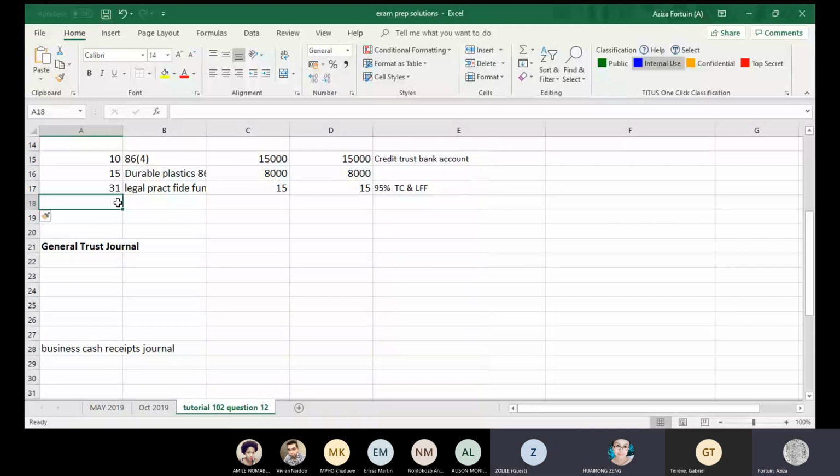We go to the business cash payment journal because we paid quite a lot. So you want to go into the business cash payments journal. So what am I going to put there?